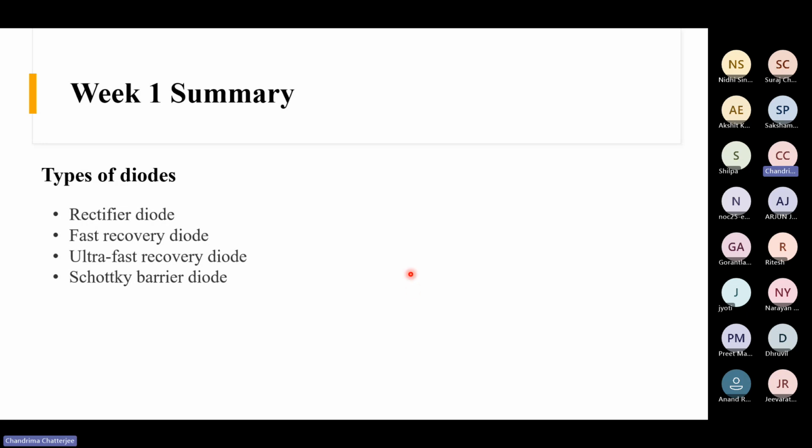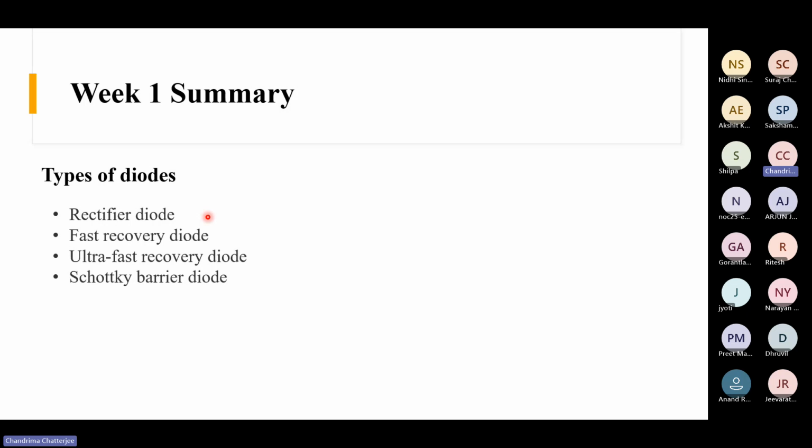So lastly, there are different kinds of diodes available in the industry. There are rectifier diodes, then fast recovery diodes, ultra fast recovery diodes, and lastly the Schottky barrier diode. As I was talking about the reverse recovery phenomena, it takes some time for the charges to be removed, right?